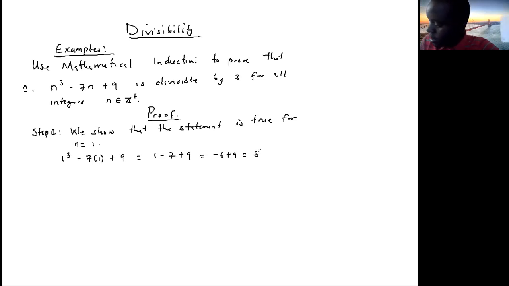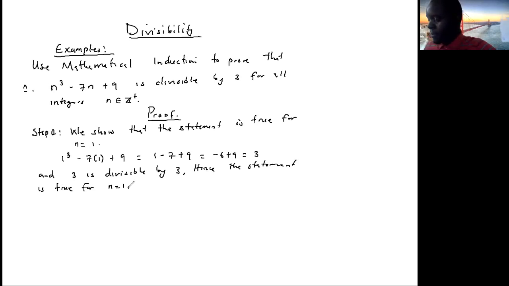And 3 is divisible by 3. Hence, the statement is true for n is equal to 1. So the first part is done. So you show for the smallest n, and it has worked. So let's go for the second part.